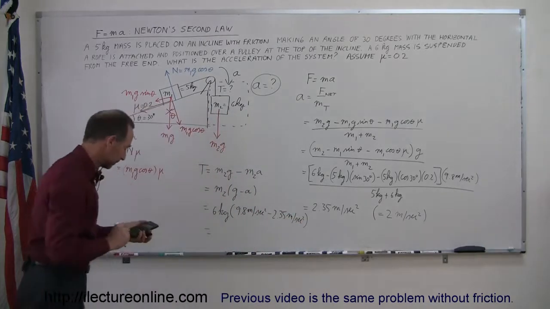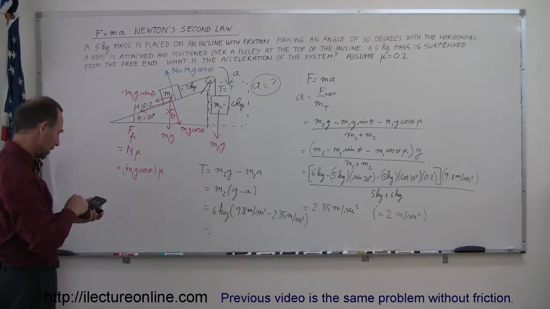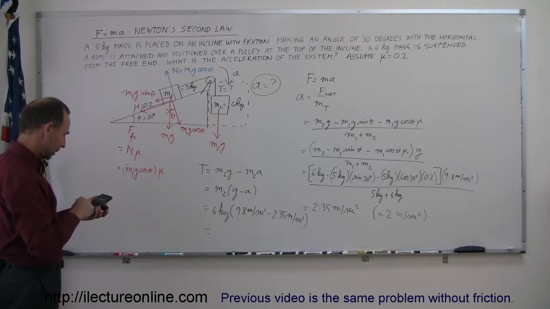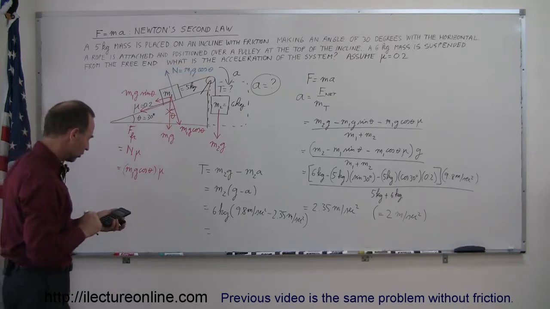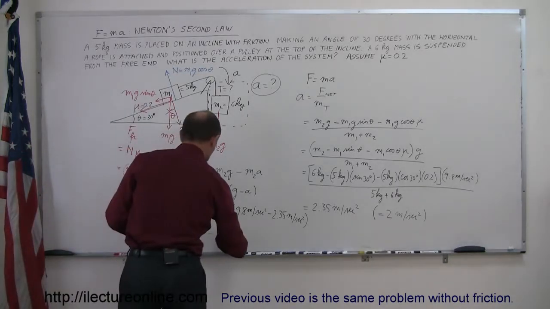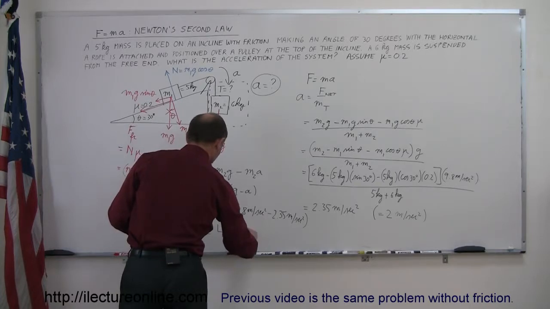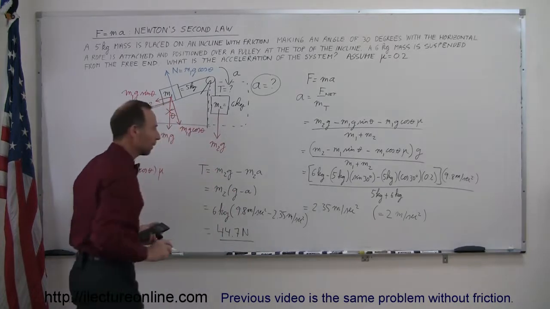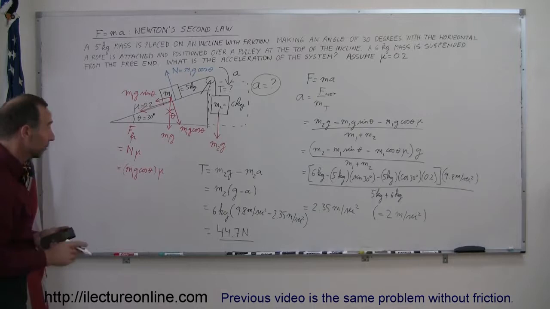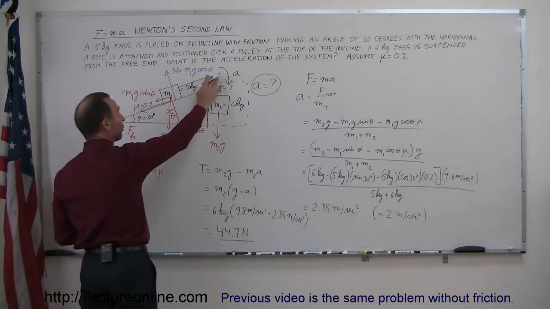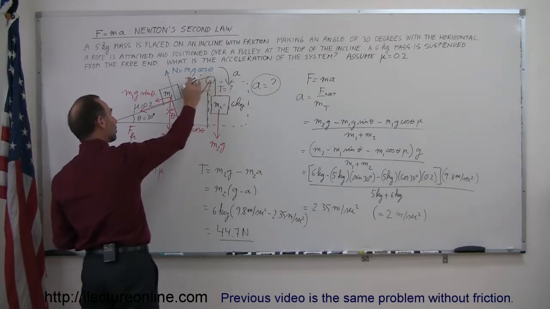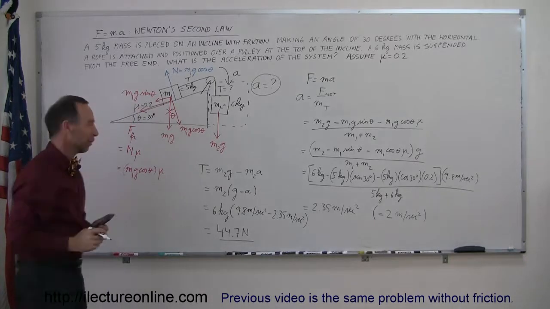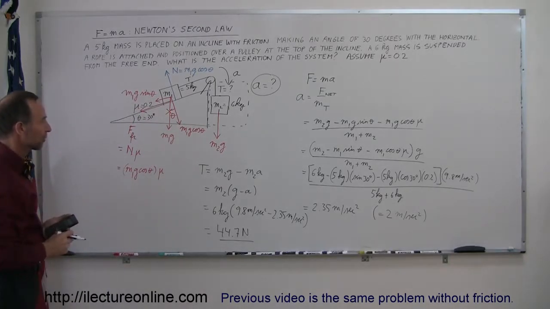And so subtracting that from 9.8 and multiplying it times 6, the tension is 44.7 newtons. There we go. So that's how we calculate the tension. Now, of course, since this pulley has no mass and no friction, we can say that the tension on the other side of the string is also 44.7 newtons. Okay, and that's how you do those types of problems.